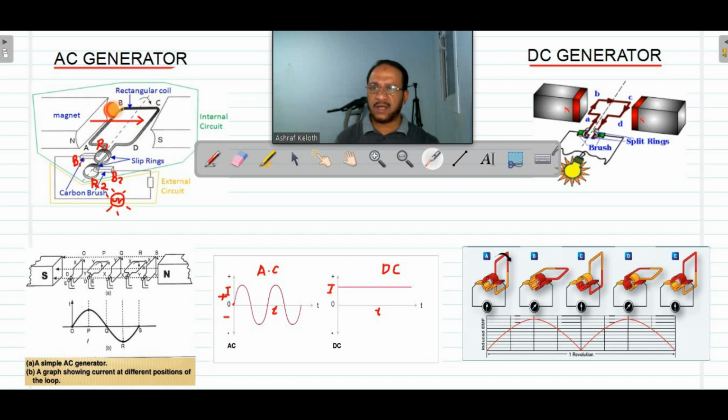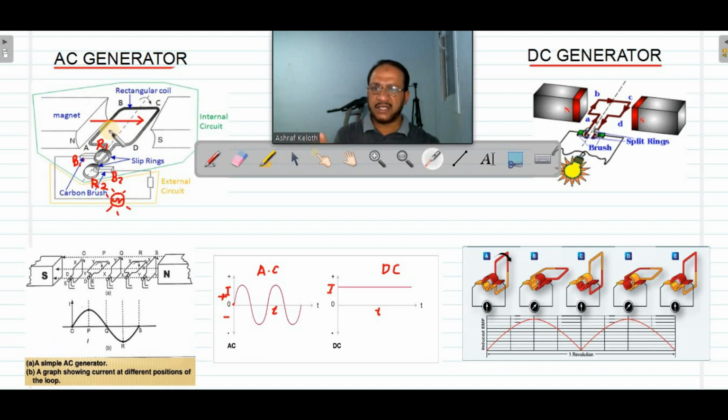So when the rectangular coil rotates in between the magnetic field, according to Faraday's law, there will be a change in the magnetic field associated with this coil ABCD. Whenever there is a change in the magnetic field associated with a coil, it will induce a current. So for inducing a current in the coil ABCD, we have to make a change in the magnetic field.